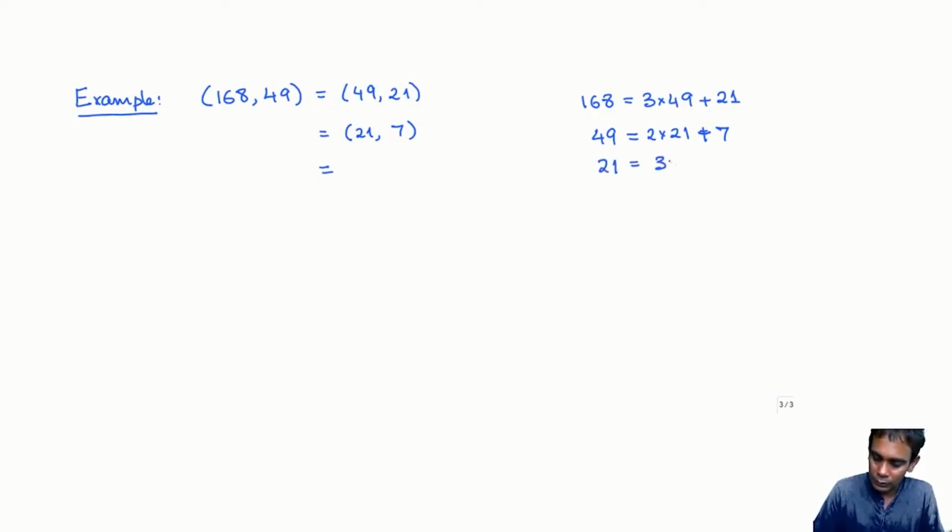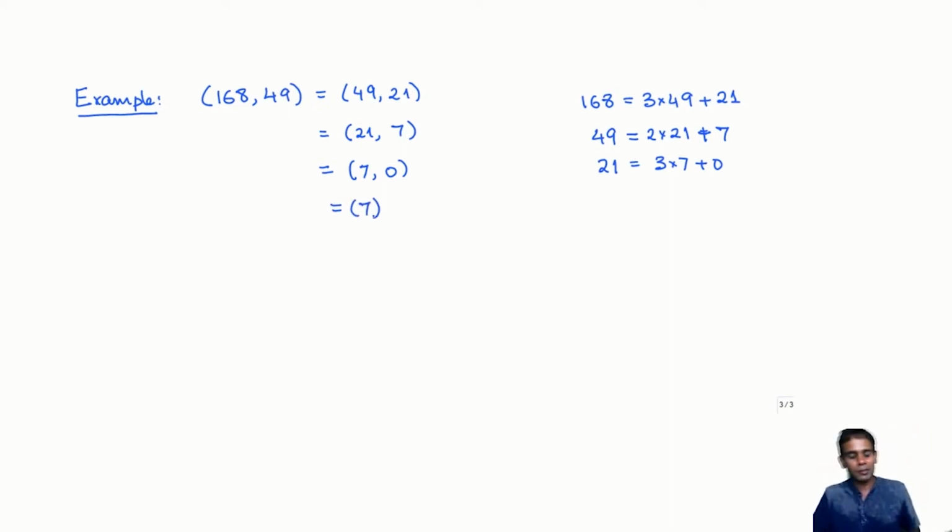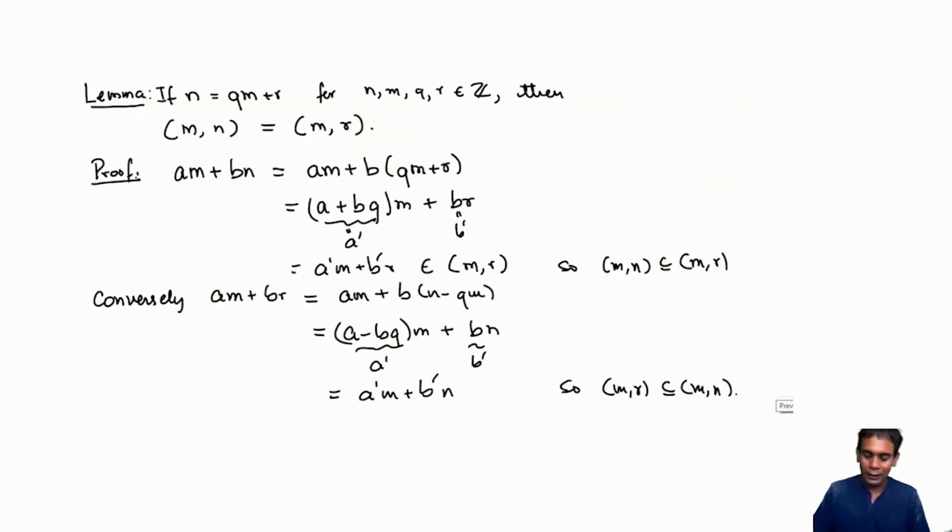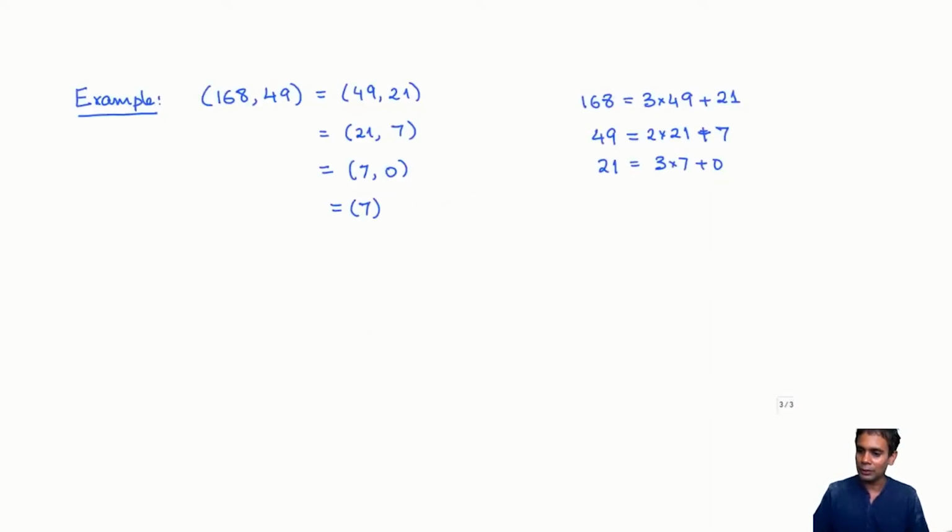That is 3 into 7 plus 0. So this is equal to the ideal generated by 7, 0, but that's just the same as the ideal generated by 7. So what we've done is we've started with an ideal that's generated by 168 and 49, and we've shown that it is the same as the ideal generated by 7 using this lemma up here. And at each stage we've used Euclid's division.